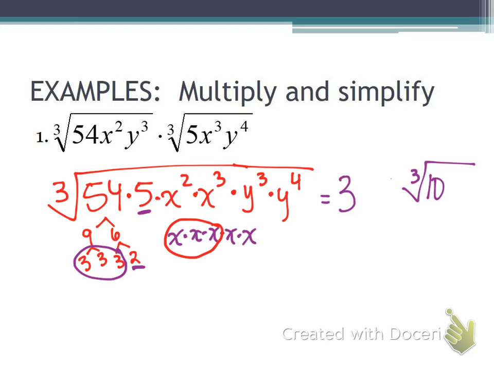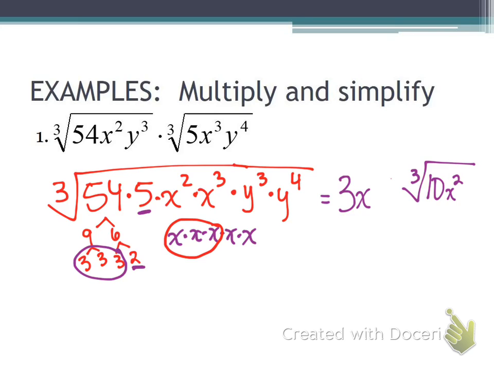If we have 1 group of 3, how many x's can I write outside? 1. Just 1 group, 1 x. We had 2 left over. Where do those get put? On the inside. So we have x squared. We okay with that?